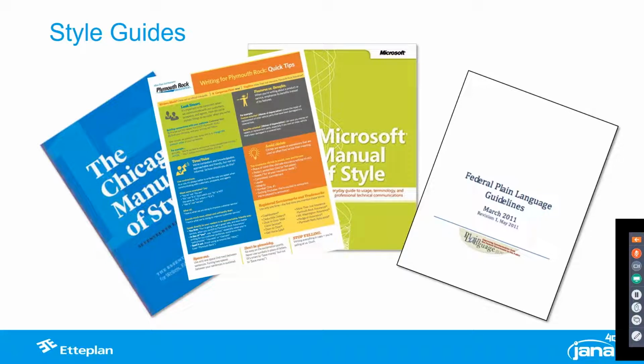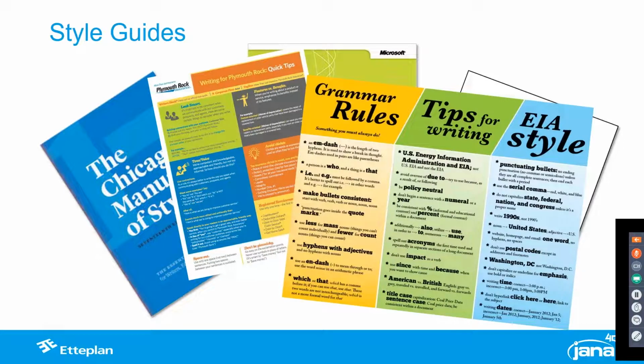And here is one from Plymouth Rock Insurance. And another one that we've seen is one from the Department of Energy that says, here are rules that have to do with grammar, here are rules for style, and things that are specific to us.